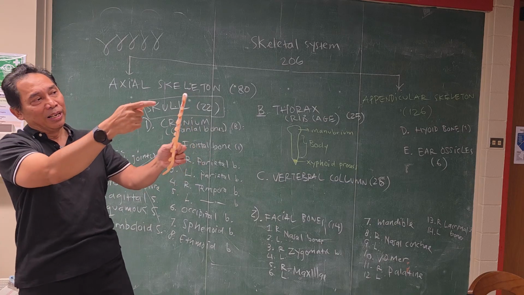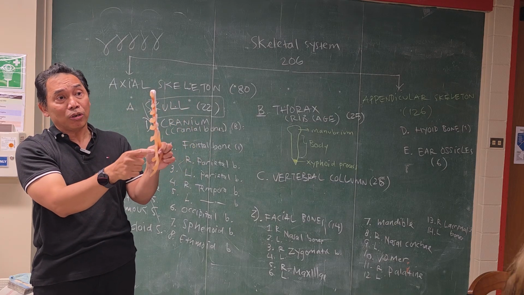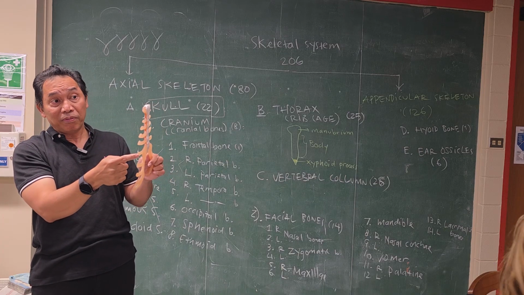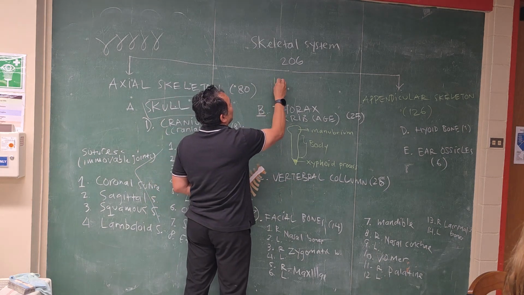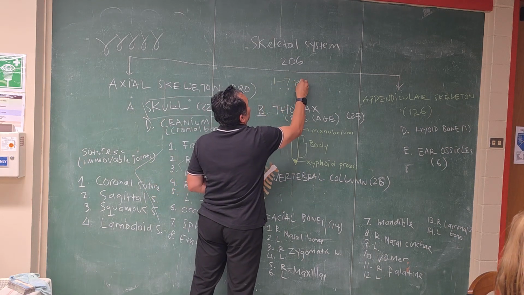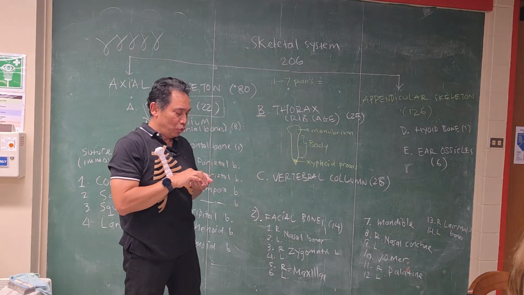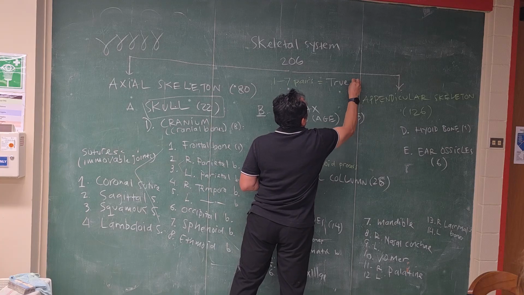Now, ribs 1 through 7 are called the true ribs. So ribs number 1 until 7 pairs are called the true ribs.